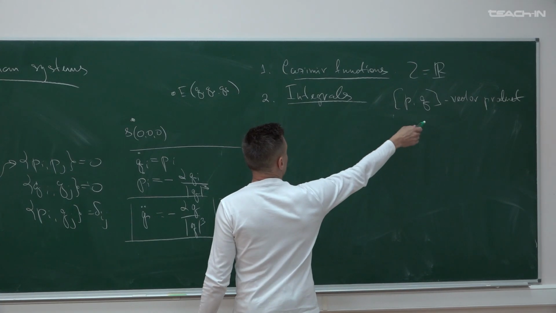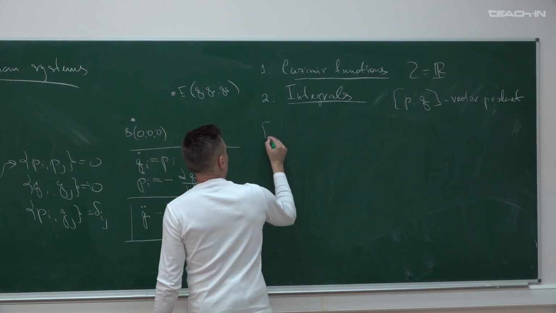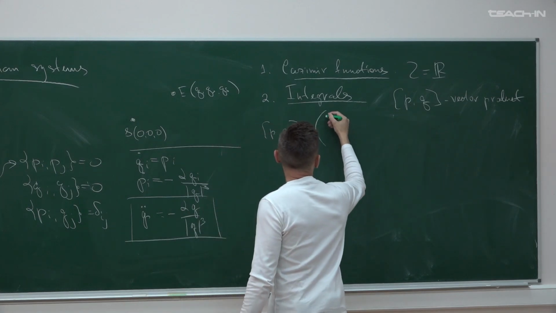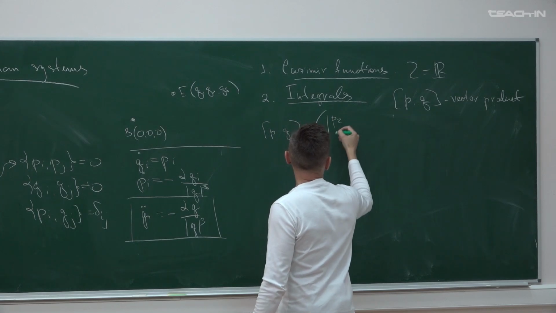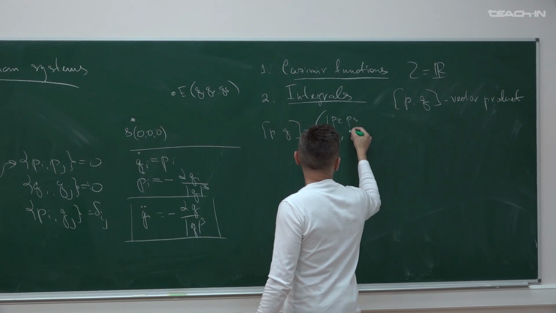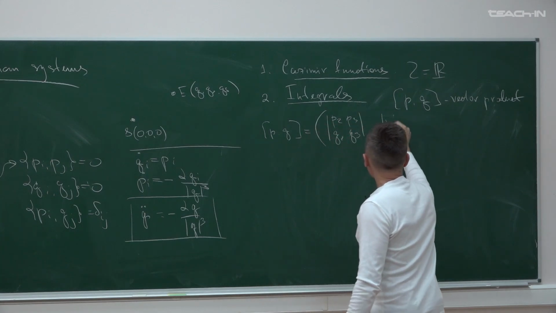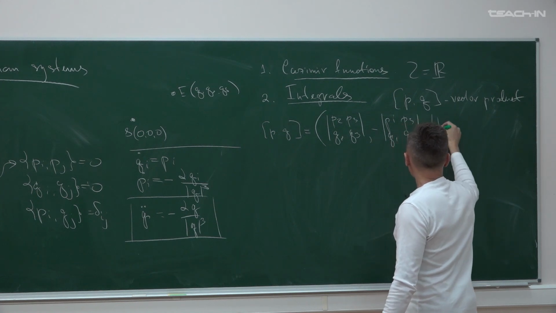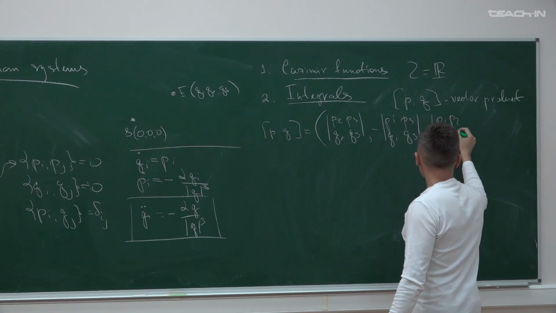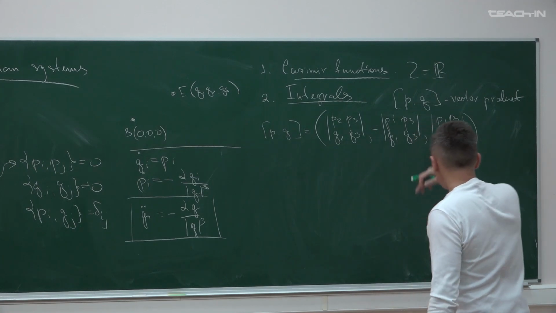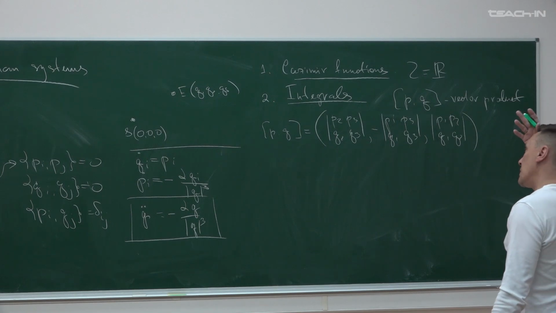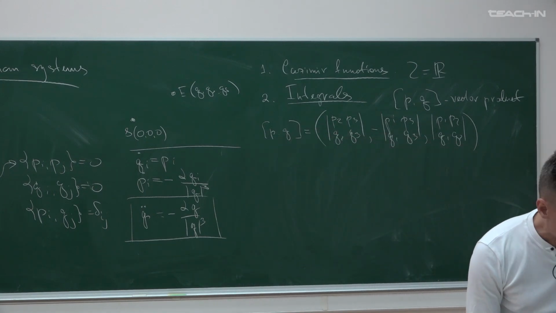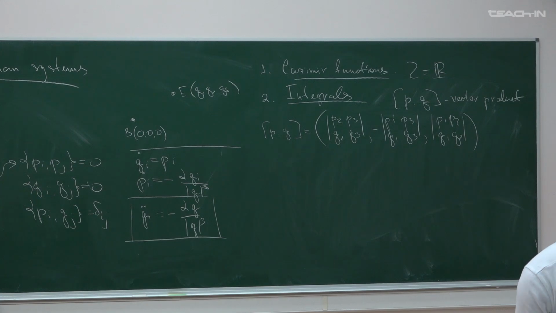Let us write it in coordinates. So pq is a vector with coordinates p2 q3 minus p3 q2 and so on, cyclically. Let us calculate its dynamical equations.